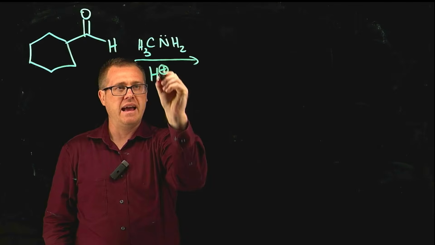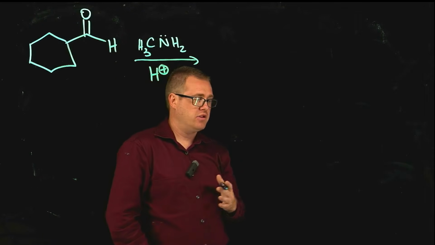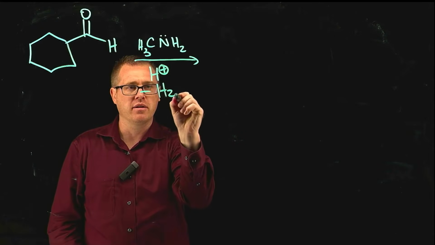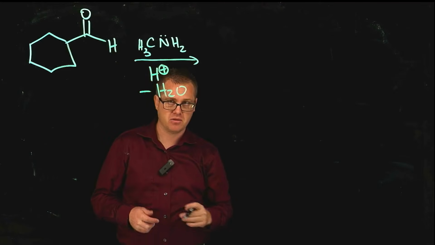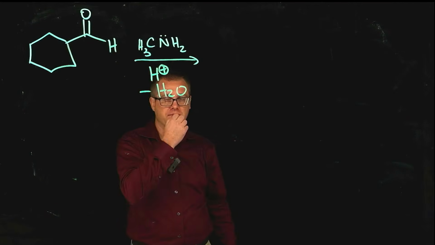So we're going to have an acid catalyst. And just like doing the acetal reactions, we want to remove water as the reaction proceeds. So Le Chatelier's principle will drive this reaction to the product.